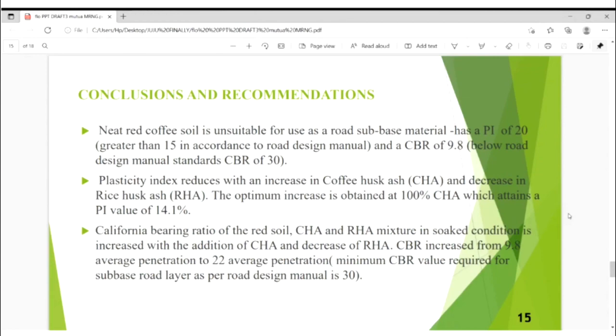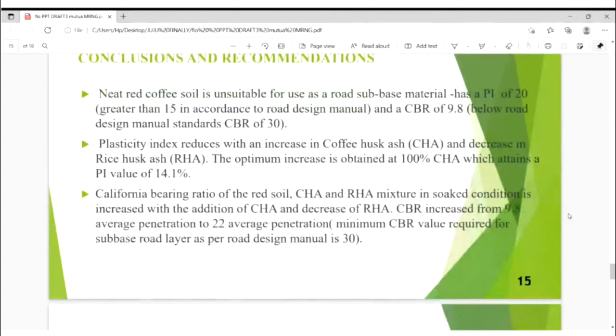The California bearing ratio of red soil and coffee husk ash and rice husk ash mixture in soaked condition increased significantly from 9.8 to 22, but it did not attain the road design manual standard, which should be 30 for the road subbase.